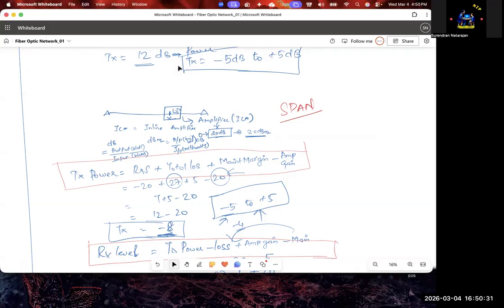There is another mathematical formula for where to keep this amplifier so that it will be good for the receiver. For example, if you keep it very close to here, what will happen? Logically, without calculating anything, it will be a waste, because you almost reached the destination.